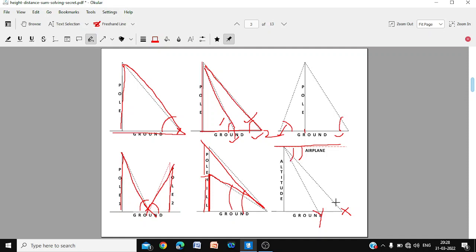But then, as we said, these are alternate angles, and hence will be equal to this angle of depression. This angle of elevation will be equal to this angle of depression. In each case, that means a person in the aeroplane looking at X and a person at X looking at the aeroplane, the angle of depression and the angle of elevation shall be equal. Now let's see how we apply.